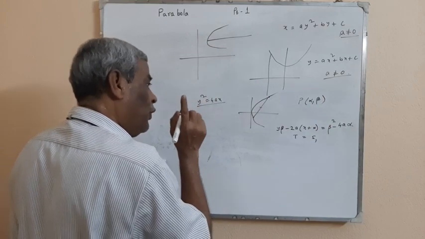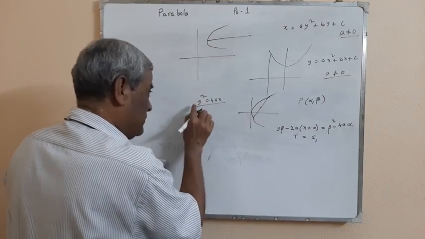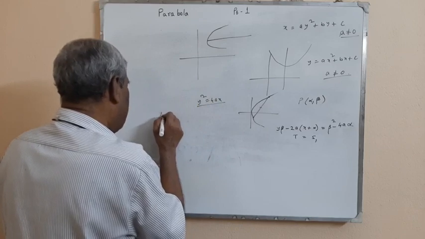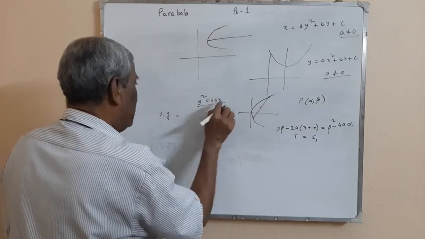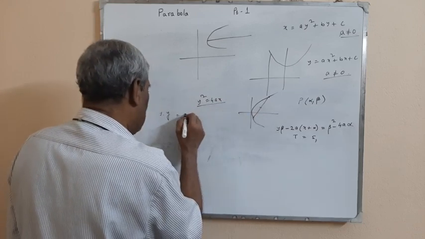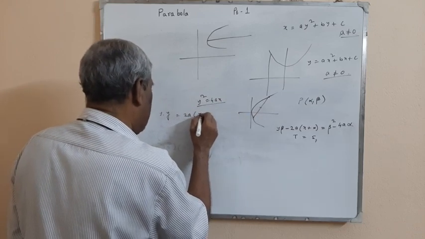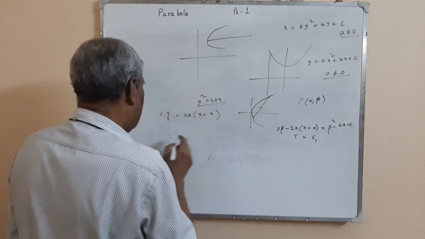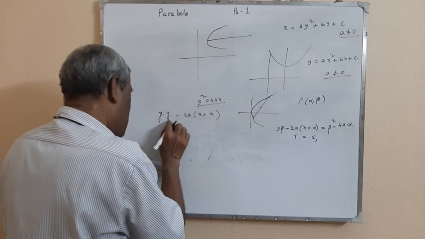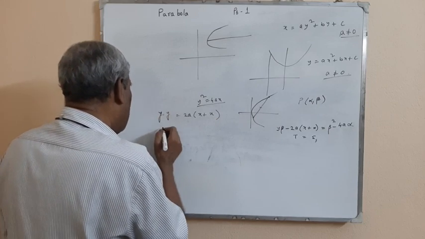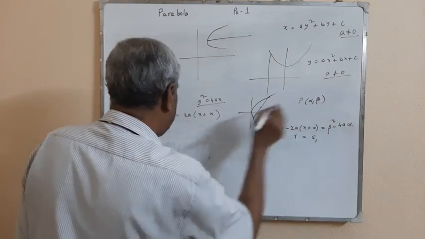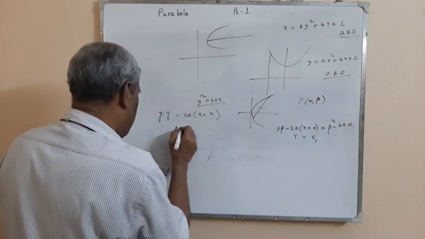For product terms like y square, you write it as y into y. For the linear term, you write x as x plus x, that is 2a into (x plus x). For y into y, put one y intact and the other y as the y-coordinate, that is beta y.